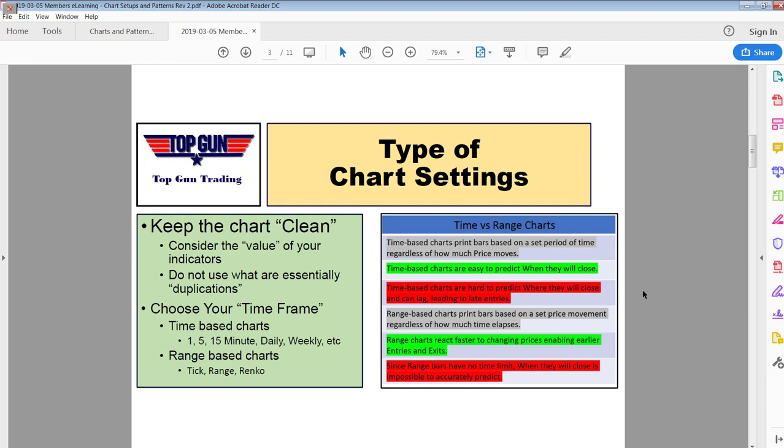This gentleman has 5 different oscillators, and it's copulating worms on his chart. He can't see the primary focus of the chart, which is price, because he has way too much on the screen. I try to keep it pretty simple. I have only a couple of moving averages on there, but I probably could do without them.